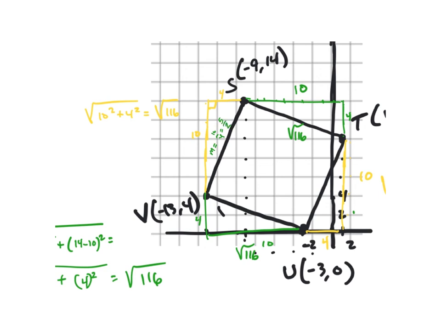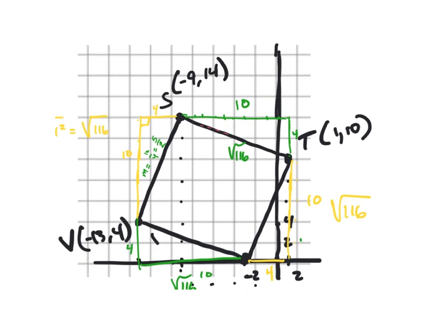Then the slope on this side is going to be, my rise was minus 4 over 10, because I went down 4 over 10, which is -2 over 5. And if we compare the two, 5 halves and -2 fifths, those are opposite reciprocals. So the slope of 5 halves is going to be perpendicular to the slope of -2 fifths.